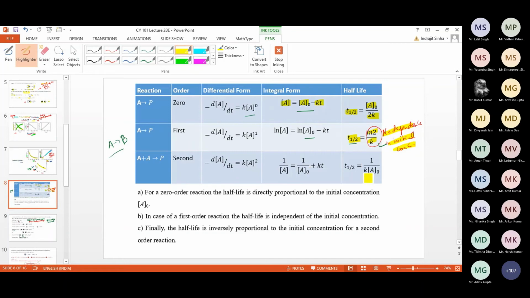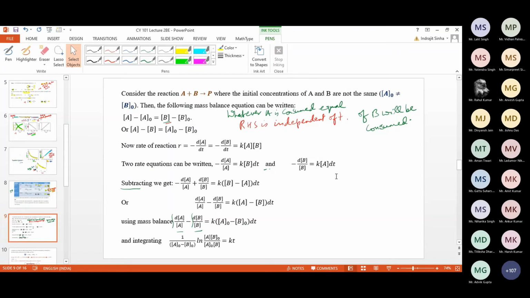And for second order, T half is inversely proportional to the initial concentration. So we will see later on how we can use the half-life of a particular reaction to also find the rate laws. The half-life method is also a method for finding the order of a reaction. Okay.